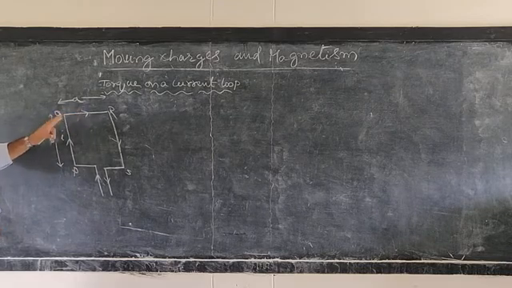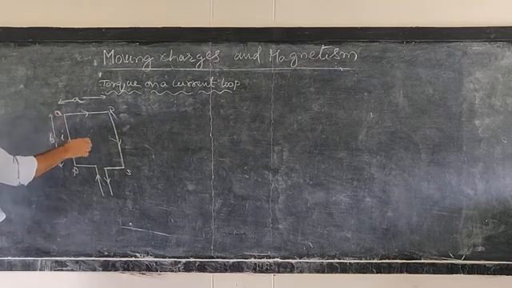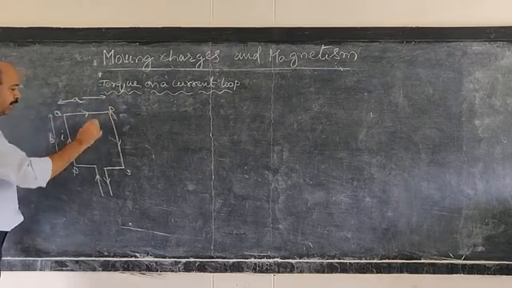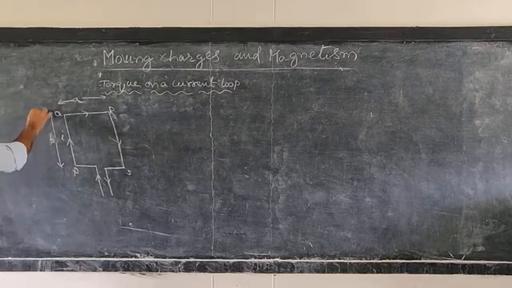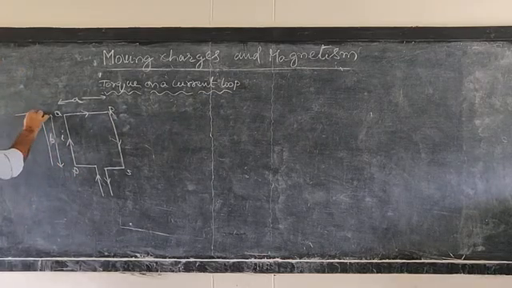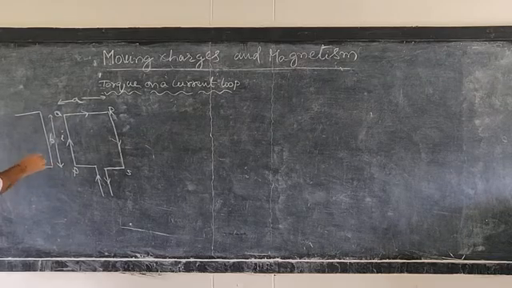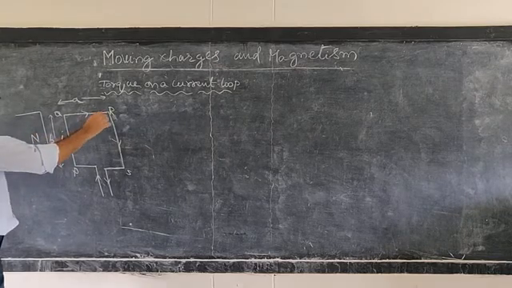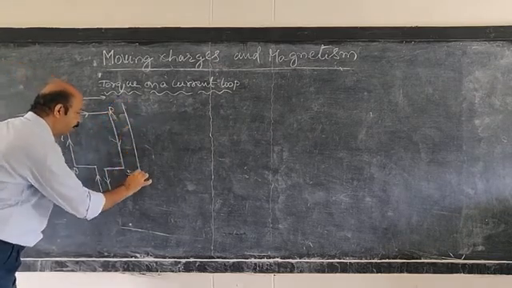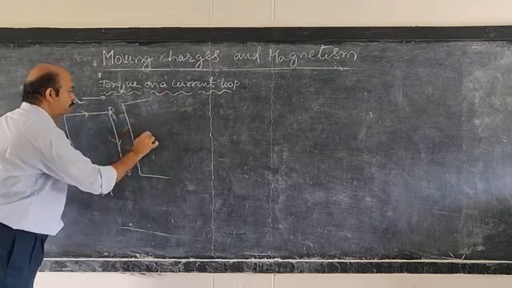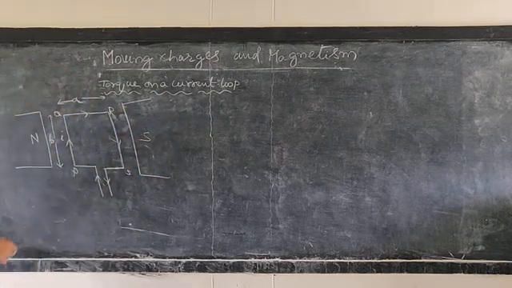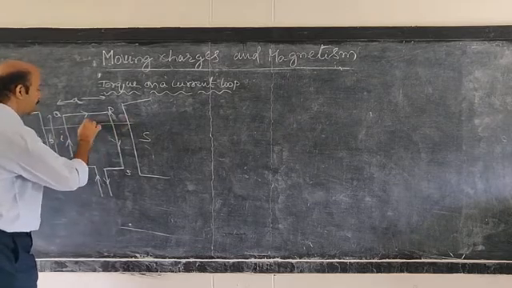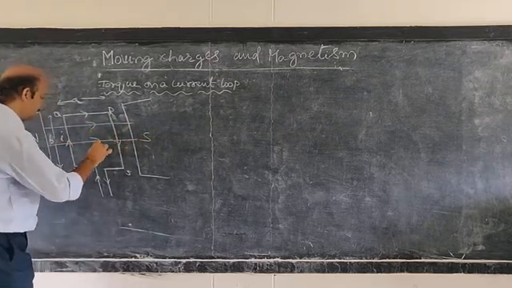So a is the width, b is the length, and this coil is kept in a uniform magnetic field. Suppose these two are the magnetic poles of a permanent magnet producing a uniform magnetic field. So the magnetic field direction will be like this.